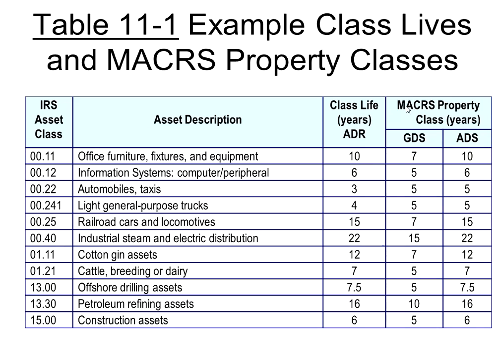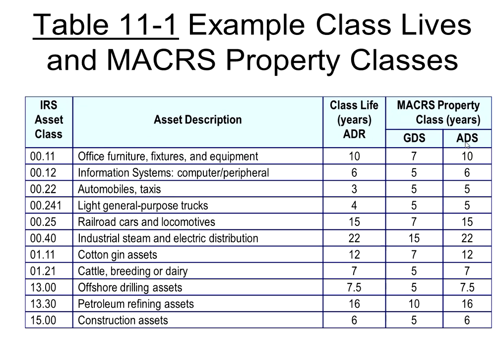If you use the MACRS property class, you notice that it's actually smaller. The GDS gives you a smaller class life, so that's more advantageous. The GDS gives you a class life of 7, so we would use 7 years using MACRS-GDS.